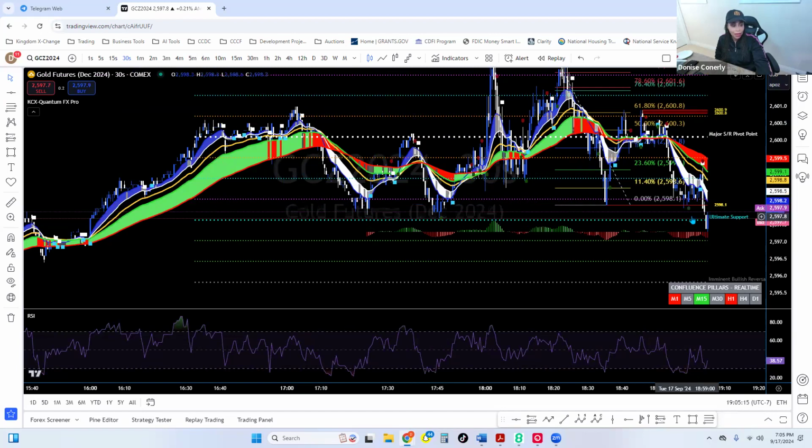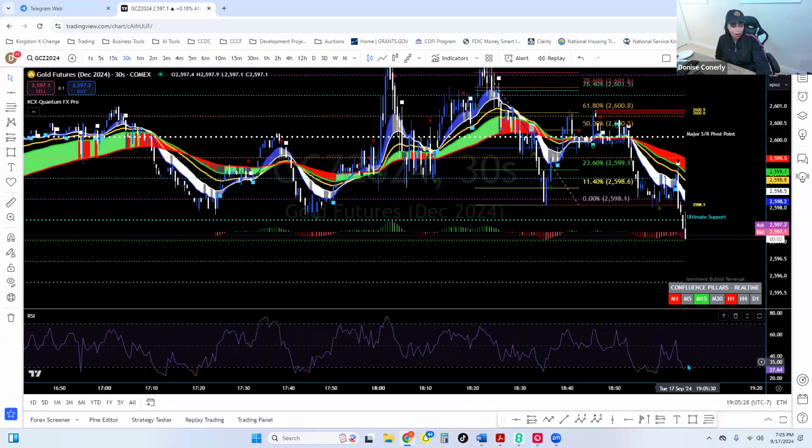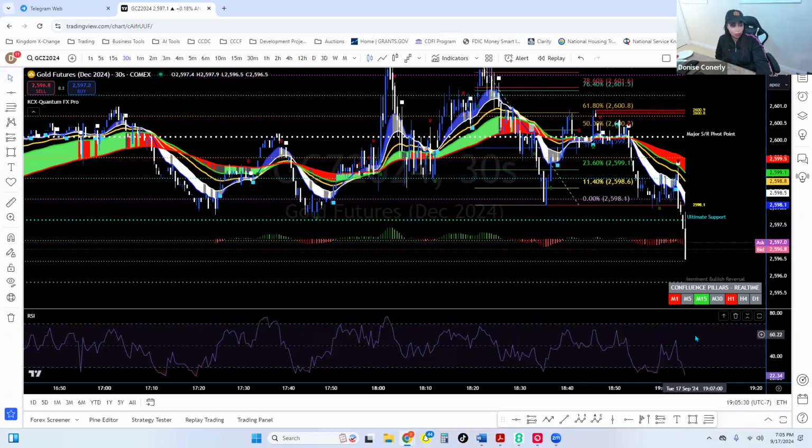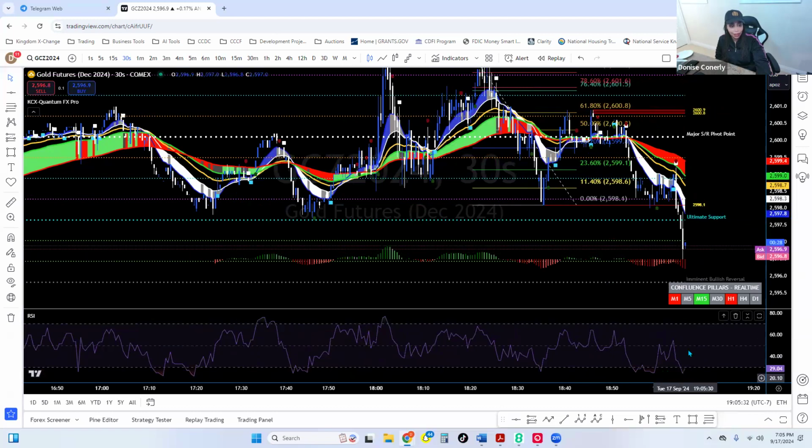Since it broke out of this area, what do we expect? A break and retest. So it's going to come back and retest. When it comes back and retests, it's going to pull the momentum of the RSI up with it, right? That's our expectation. That's a nice drop. Pull the RSI up with it.